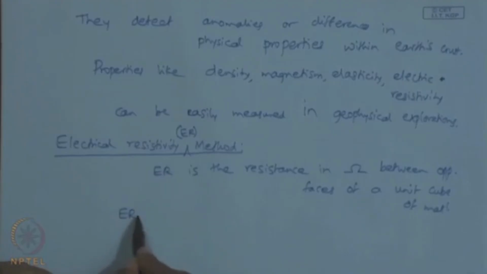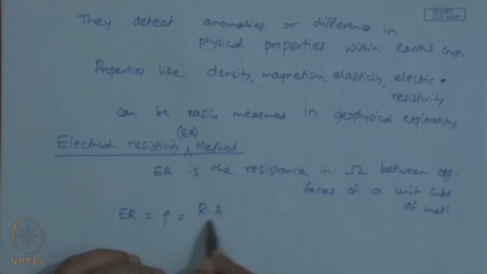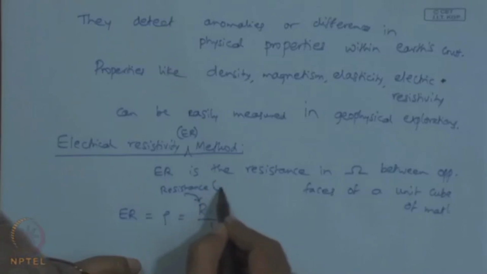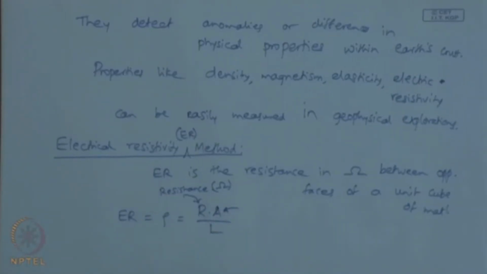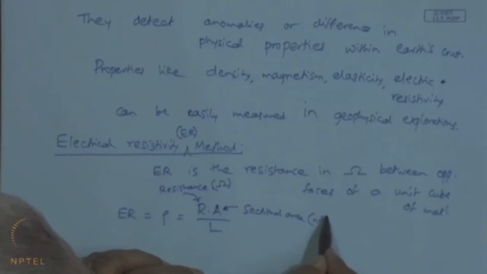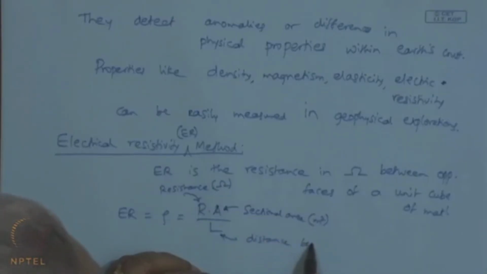The electrical resistivity, also denoted as rho, is equal to R into A divided by L, where R is the resistance in ohms, A is the sectional area in meter square, and L is the distance between opposite faces in meters.